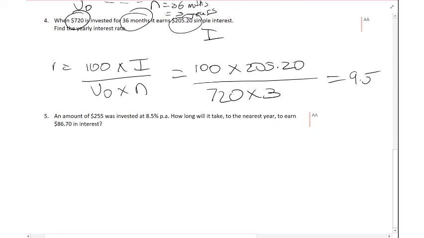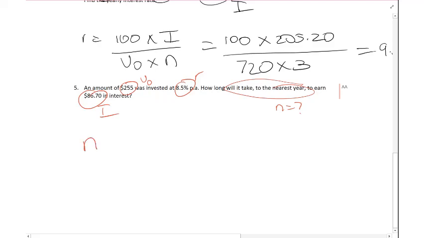Last worked example, an amount of $255 was invested at 8.5% per annum. Again, let's actually change color. V0, R, and this is I. And so what I'm after is how long will it take? This is my N I'm after. I'm going to put a little question mark to say that's what I'm after.